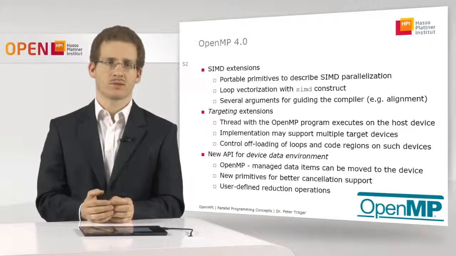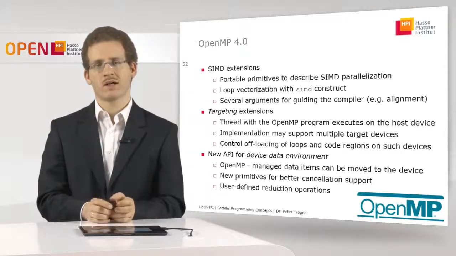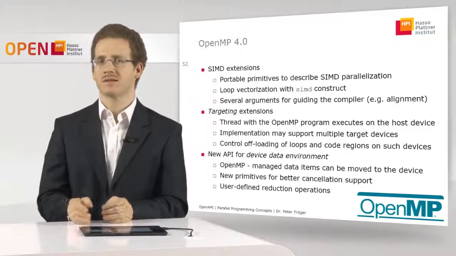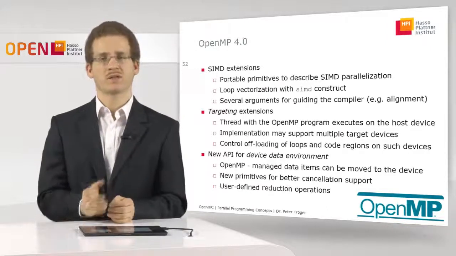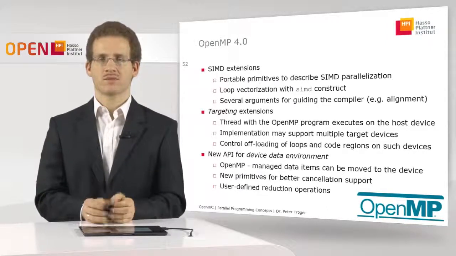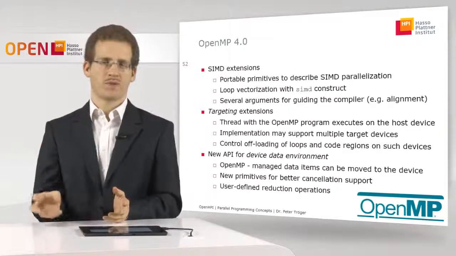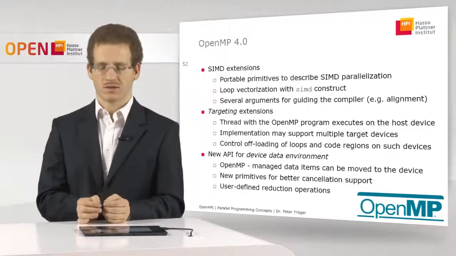They also have a concept of targeting extensions and device data environments. So the OpenMP 4 standard considers the existence of accelerators, for example, of GPU hardware, in addition to the CPU, and tries to give you a programming model that allows you to facilitate both the accelerator hardware and the CPU hardware inside of the same application.